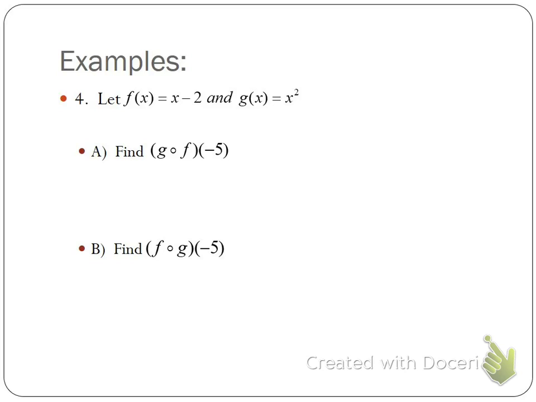So by the definition, we could rewrite this, if it helps, as g parentheses f of x. Okay. So that means we have to evaluate the f function first. But instead of an x, what am I going to use? A negative 5. See how they put a negative 5 in the back instead of an x? We want to do the same thing. So instead of an x, we're going to plug a negative 5 in.